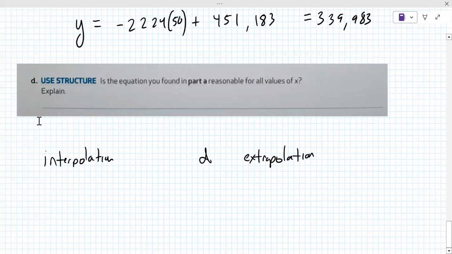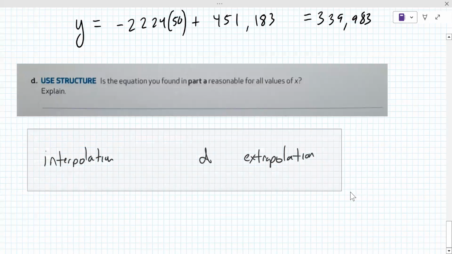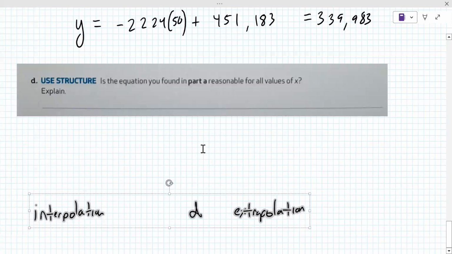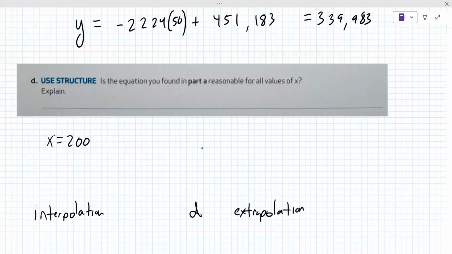So let me ask you, if a house is 200 miles away, do you think that this would be a reasonable equation? And let me give you the output for that.